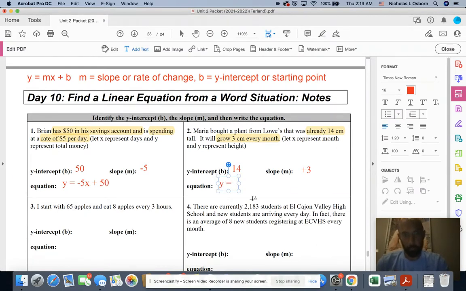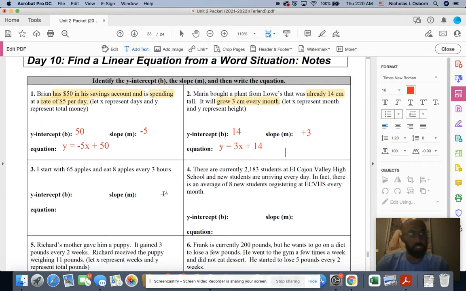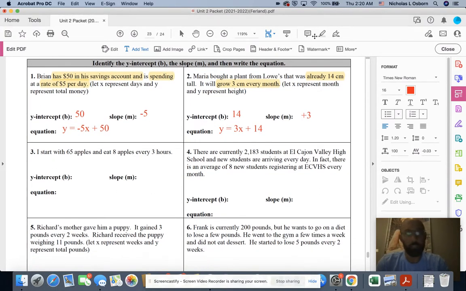So now y equals your rate, or your slope, 3x, and you always write x right after that, because x is the independent variable that's changing. You always want to write x right after your rate, plus your y-intercept. Some of you guys are getting it at this point because this is pretty straightforward. All you're doing is creating an equation with each of these situations.